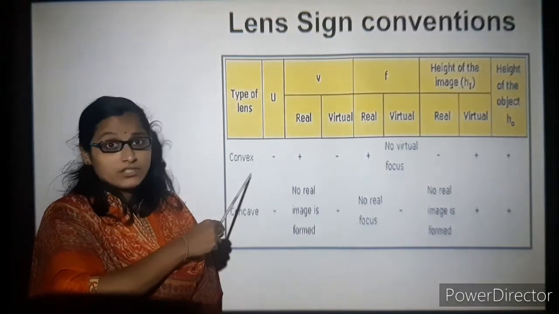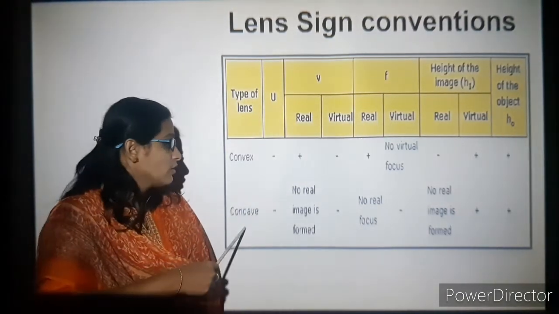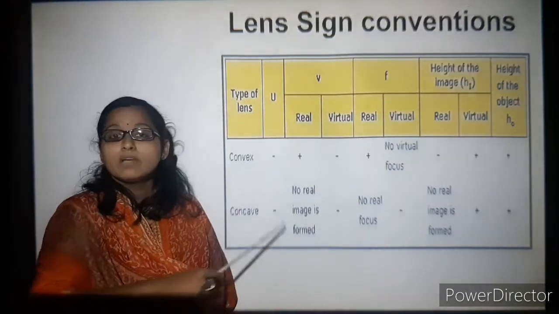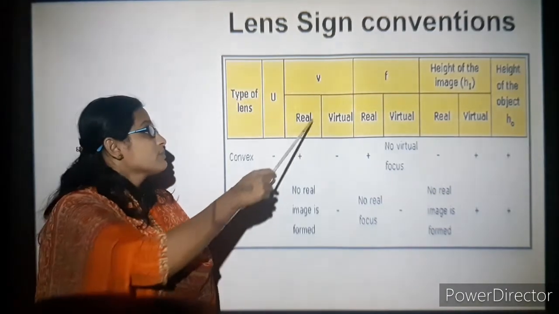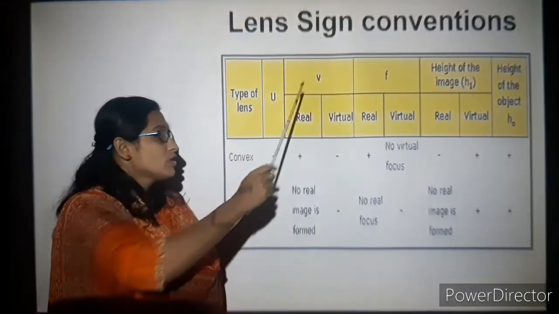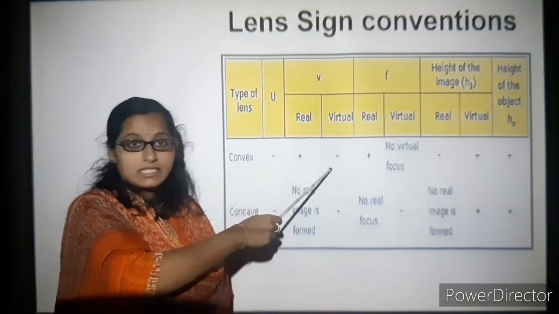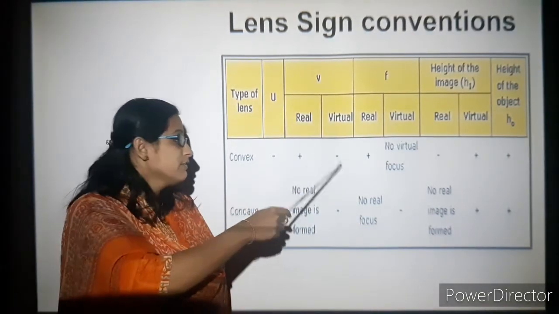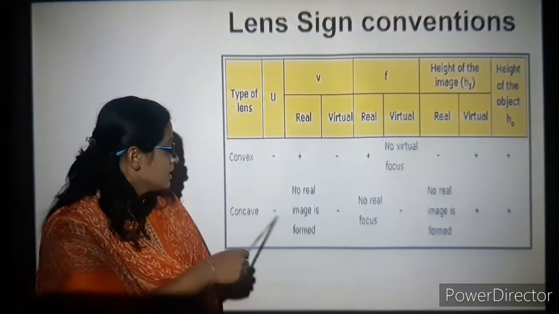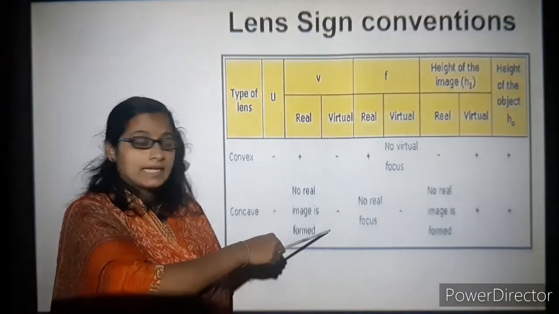For convex, V should be positive, and for concave, no real image is formed. With respect to V and a virtual image, for convex lens it is negative, and concave also is negative.